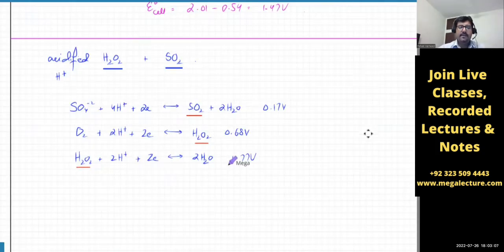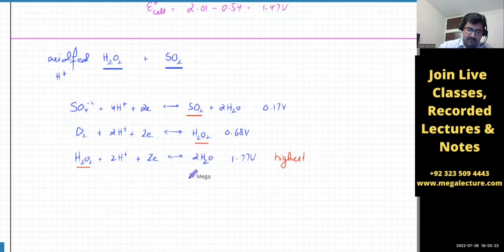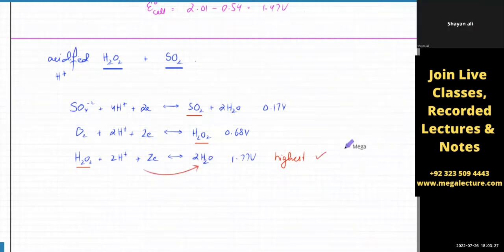So who's the one that's going to gain electrons? Who's got the highest potential? The highest potential is the last one. That's my highest potential, and that's the one that's going to gain electrons. That is fine, because I do have H2O2 and it's acidified as well.